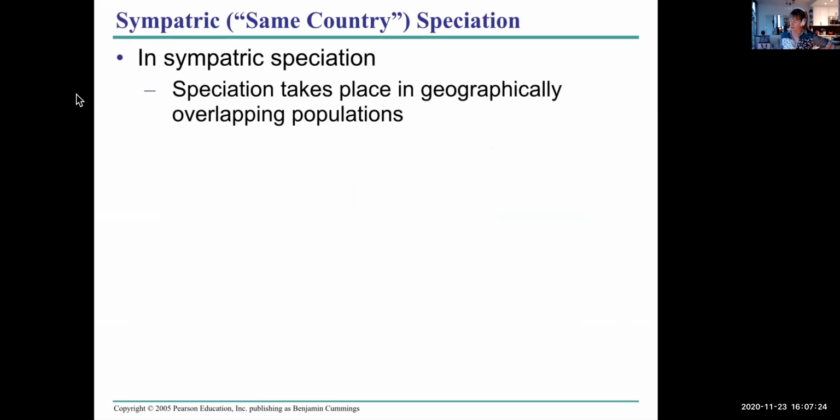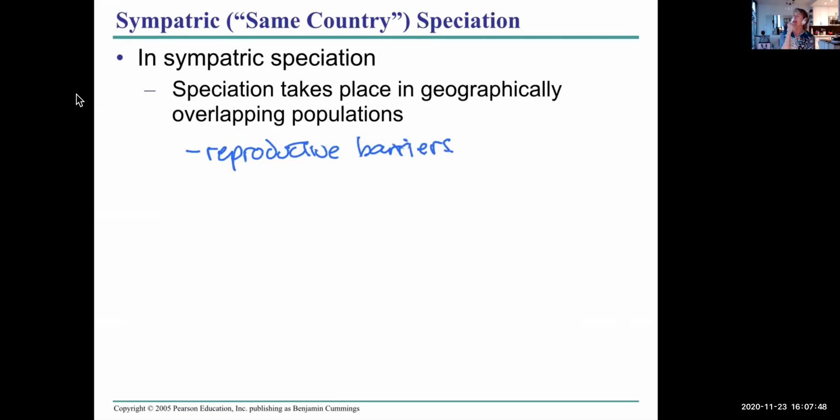Sympatric means same country, geographically overlapping. And that does happen. But what occurs is some kind of reproductive barrier between the sympatric populations.